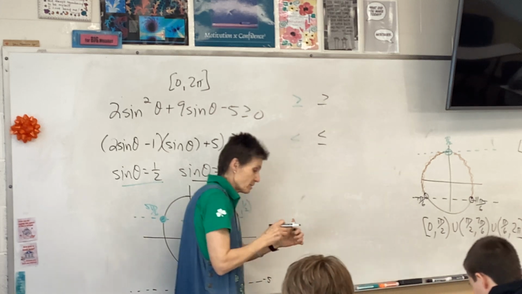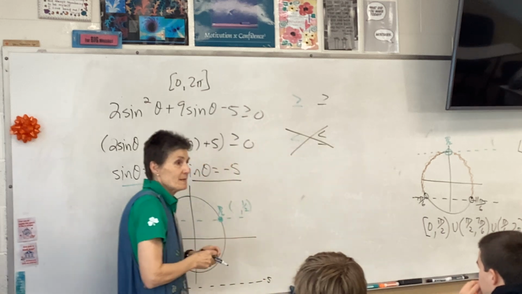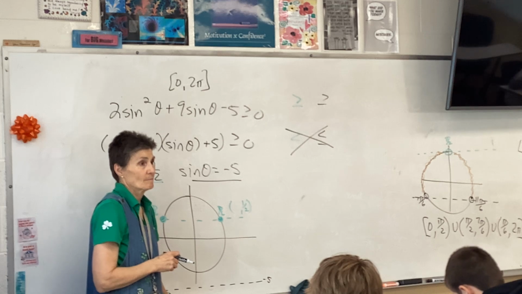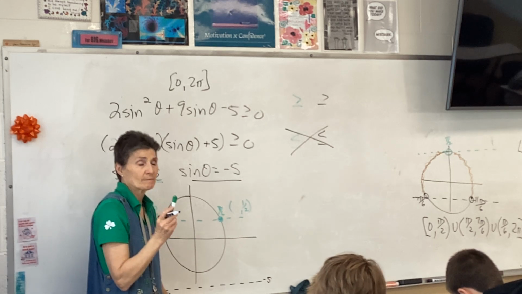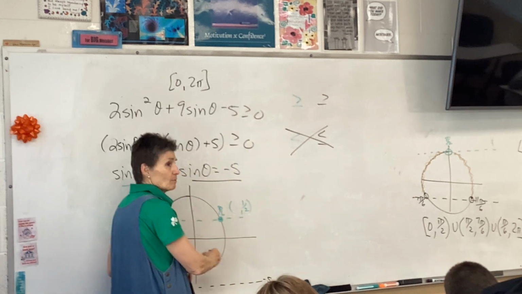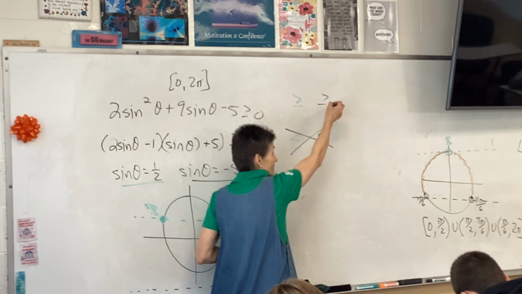After the conversation we just had a minute ago, can I just cross that one out? Because there won't be anything below this line. So that one's kind of gone. Greater than my black line is literally my whole circle. So my whole circle is this.